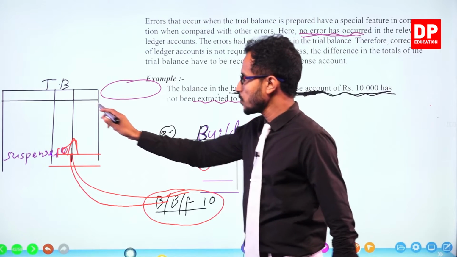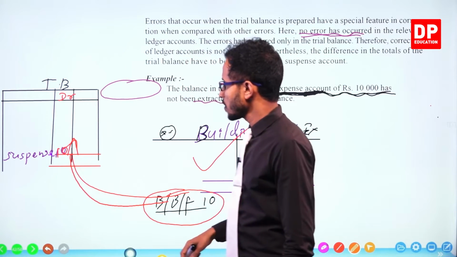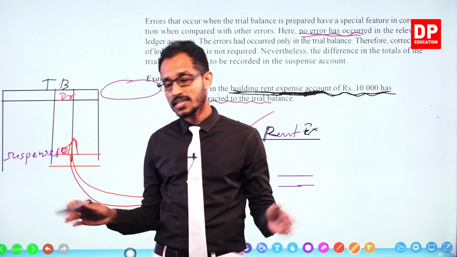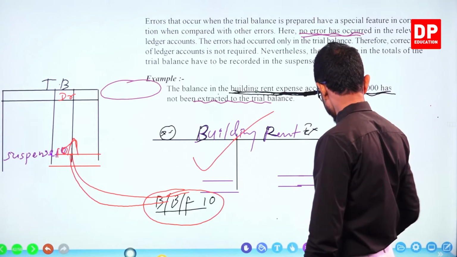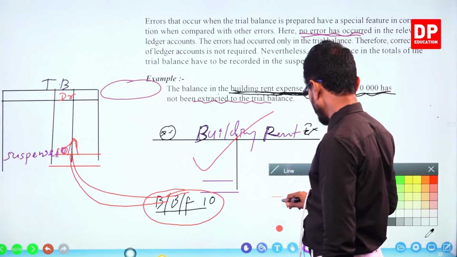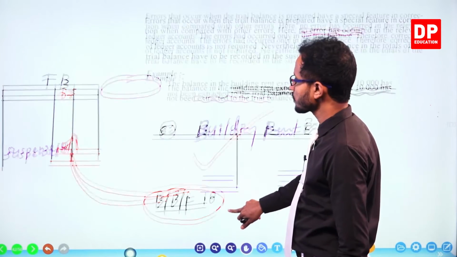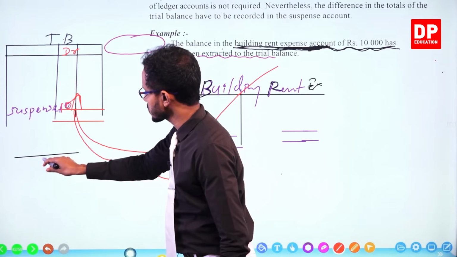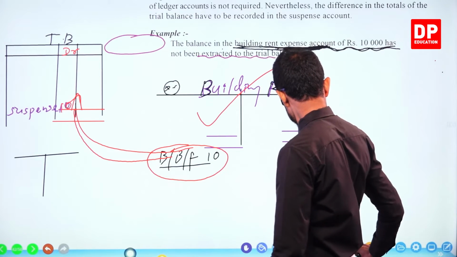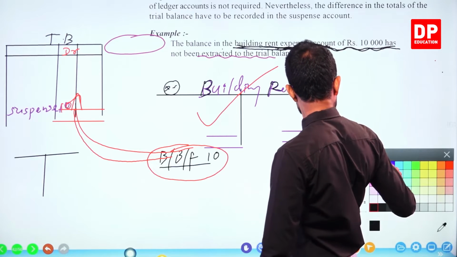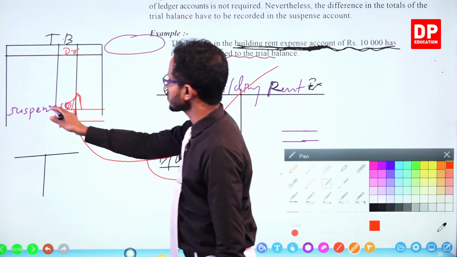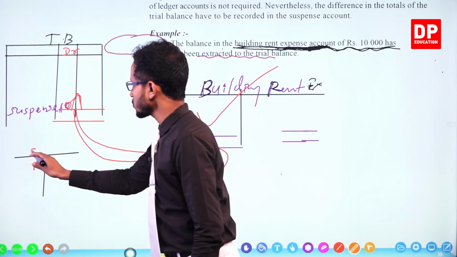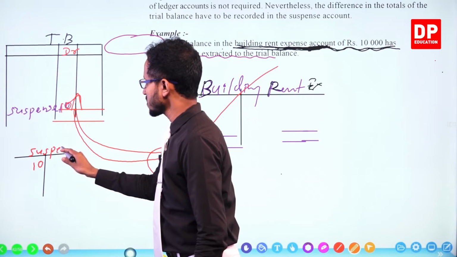Trial balance debit side, you enter 10,000, and it should be credited to the suspense account, because this 10,000, children, which is in the suspense account debit side, is actually in the suspense T account.